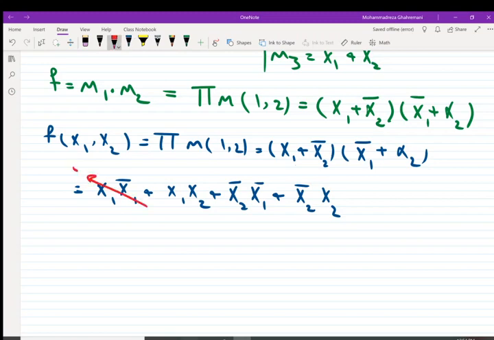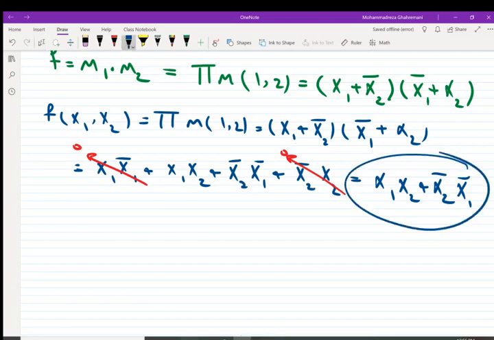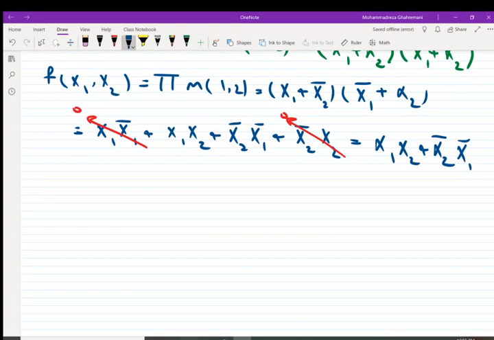So this term is 0, this term is 0, and what we will have is x1 x2 plus x2 bar x1 bar. And if we look at this representation, we see that it is exactly the sigma of min terms 0 and 3.